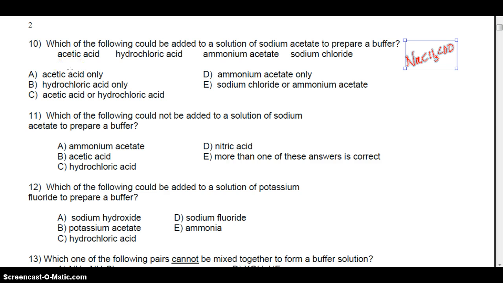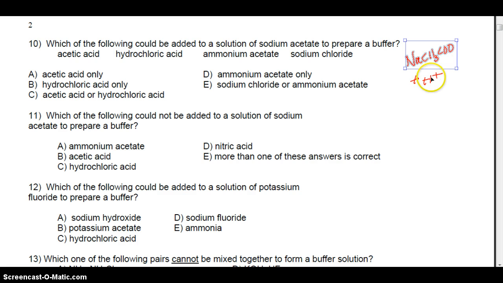However, this one's a little tricky because it also mentions hydrochloric acid. And if you see that, you think, well, what in the world? Hydrochloric acid's a strong acid, so what would that have to do with buffers? But if you think about it, if we were to add H plus to this salt, right, CH3COO minus is present. And so when those guys get together, what are they going to make?